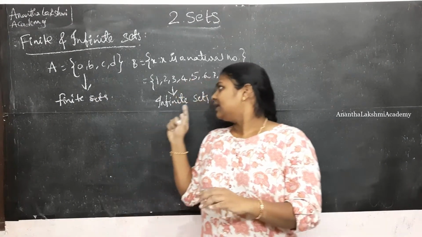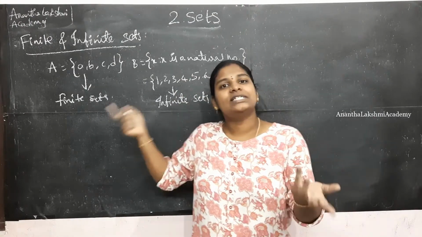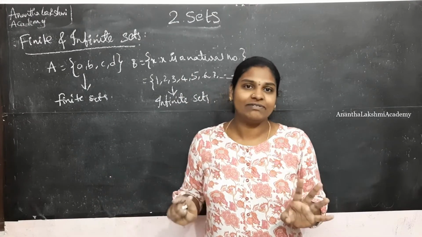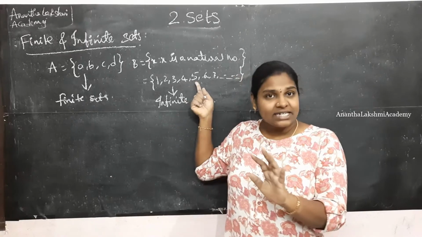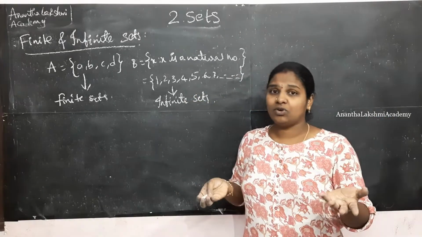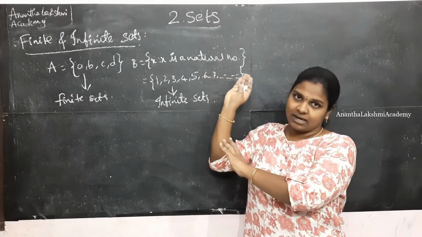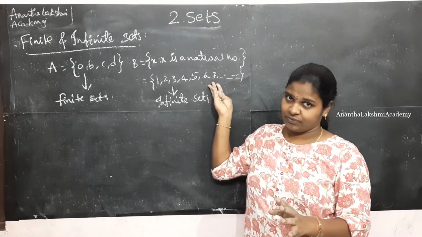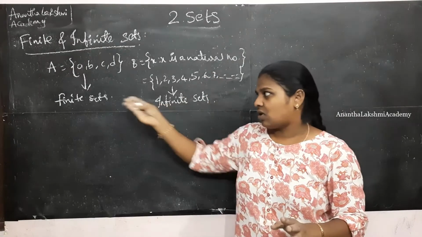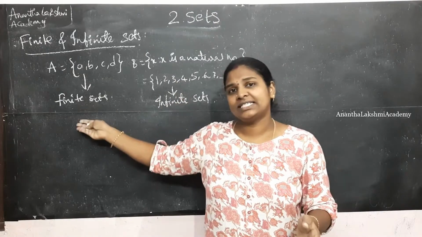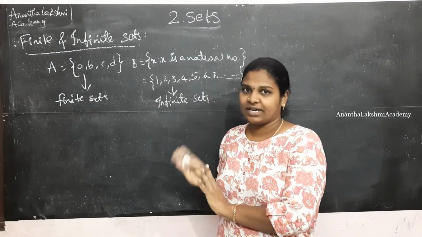But infinite sets are nothing but sets which are not finite. That is a very simple definition of it. Or else any set in which you do not know till which element it goes, or the best definition would be a set which is not finite is an infinite set.